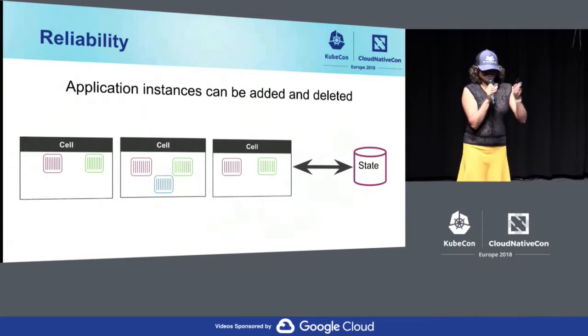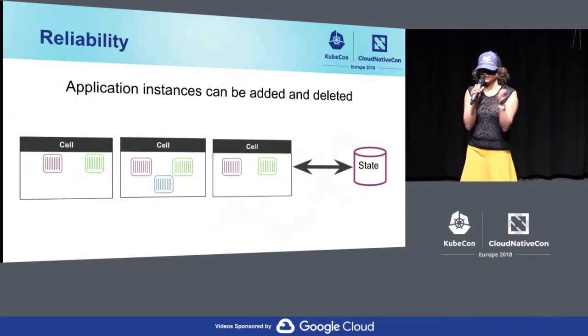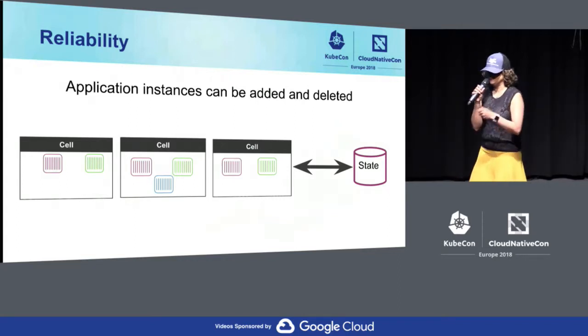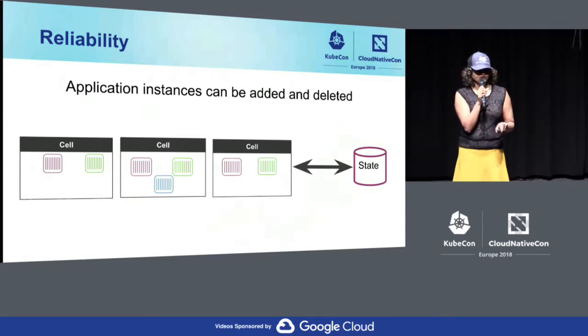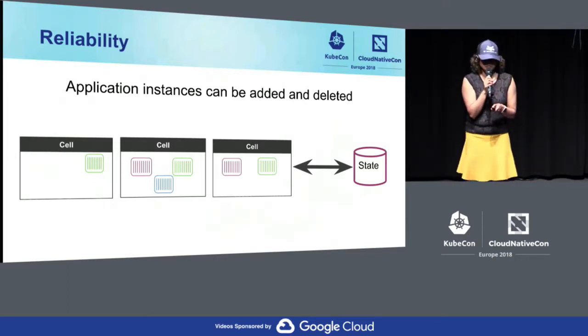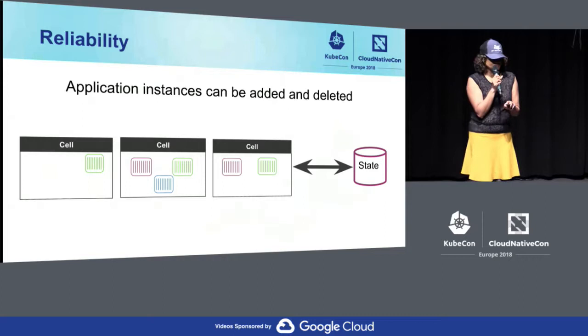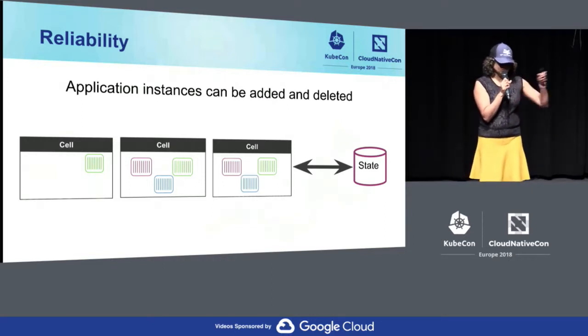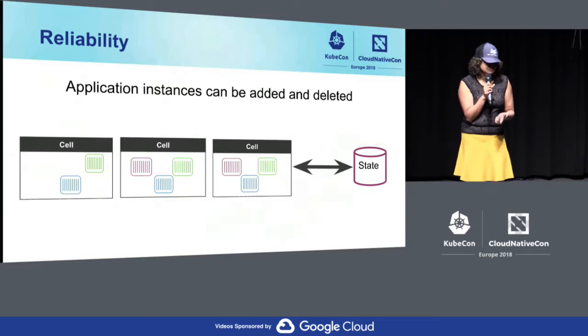So I'm going to walk through some workflows kind of slowly, and then in your mind you can imagine that this is happening across the board for thousands of application instances, and in a system where things are changing all the time. So the first thing is that application containers can be added or deleted at any time. So you can delete containers, add new containers, scale up containers.